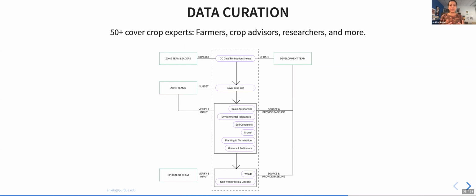We created some data verification sheets, and I'll show you some of them in a minute. We had zone team leaders leading a small group of experts for each plant hardiness zone in the Northeastern United States. They would subset our cover crop list, so all the data was at least standardized across each of the plant hardiness zones. And then they would verify and input data for each of the different categories that we had.